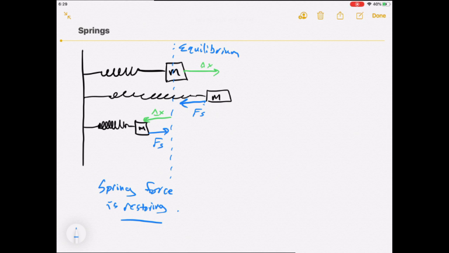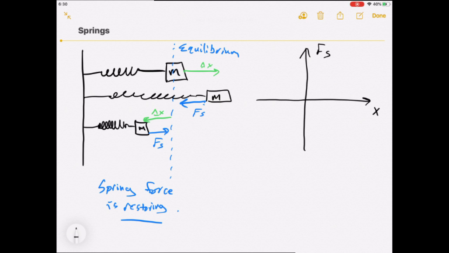And in fact, for many materials, you could plot the spring force versus position, or really displacement from equilibrium, and you would notice that when you pull harder from equilibrium, the restoring force gets bigger.